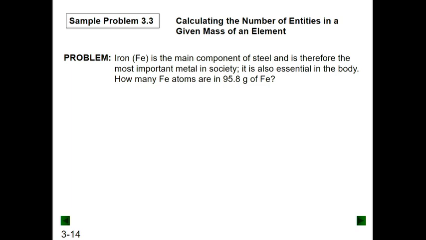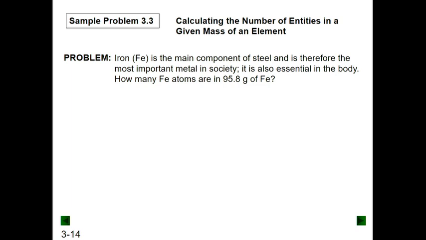Then we can combine both. We can combine the grams, the moles, and the atoms. Iron is the main component of steel, and it is also essential in the body. How many iron atoms are in this quantity of grams? What you need to do is just transform the grams into moles and the moles into atoms, using the conversions from the Avogadro's number and the molar mass of iron.